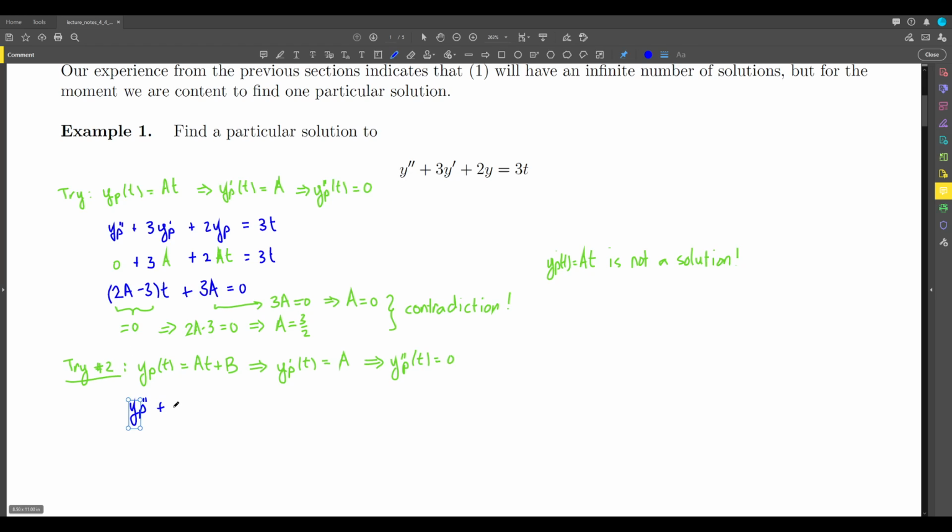So it's yp'' + 3yp' + 2yp, and that equals 3t.